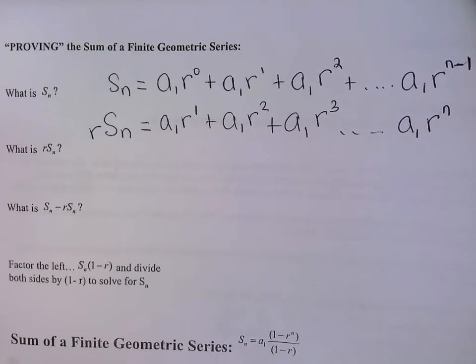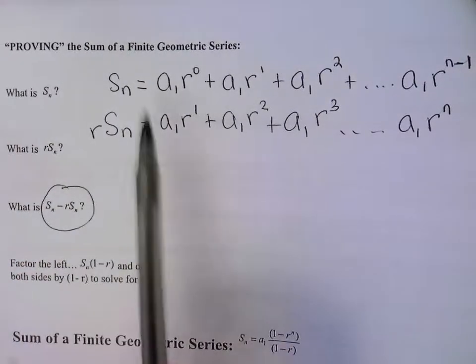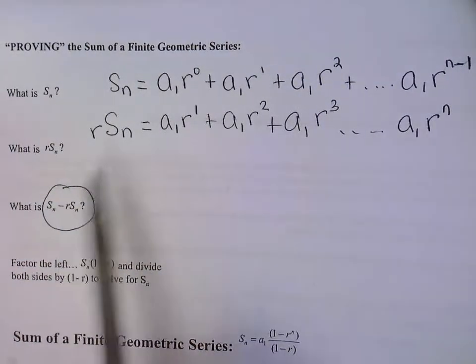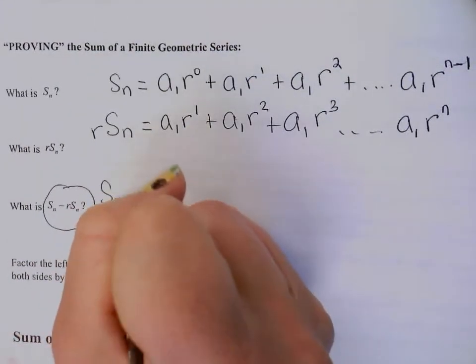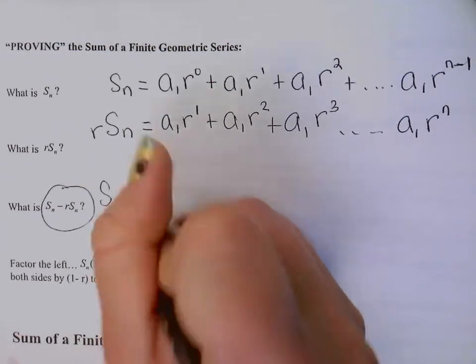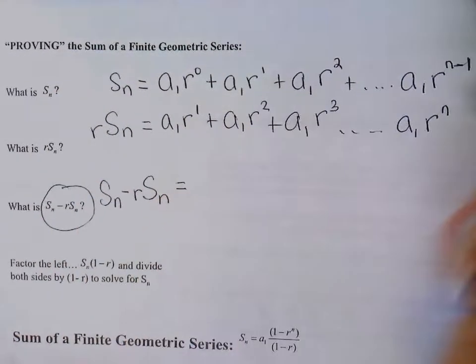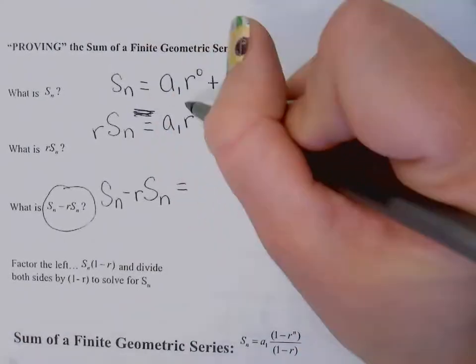So then what they did is they subtracted the top row minus the bottom row. So that gives me S sub n minus r times S sub n on the left. And can you take a look at when we subtract this bottom row, right?